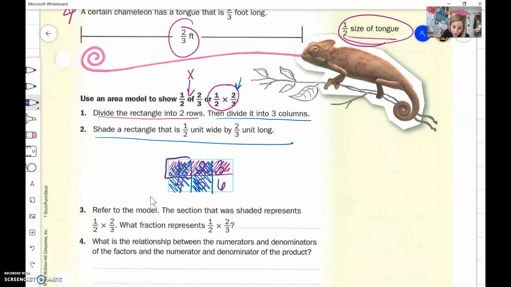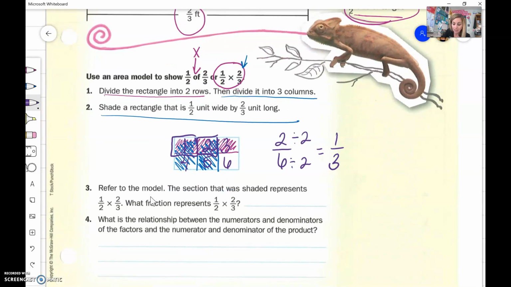Well, this one right here and this one right here. So how many pieces is that? That is 2 out of 6. And when I look at 2/6, I know right away that that has to be simplified. I can divide each of those by 2 and I get 1/3. Okay, so it says what fraction represents 1/2 times 2/3? Well, it's 2/6, which equals 1/3.